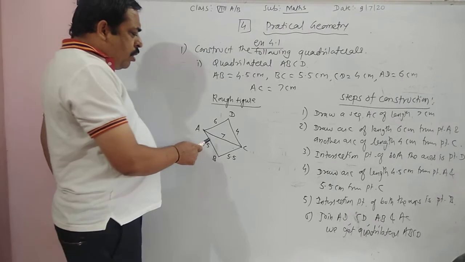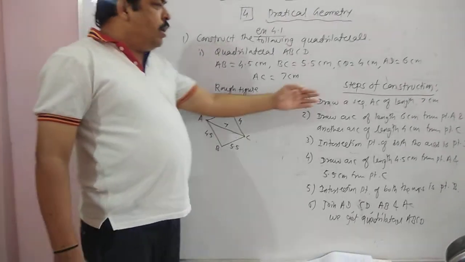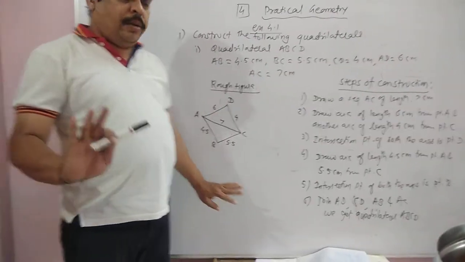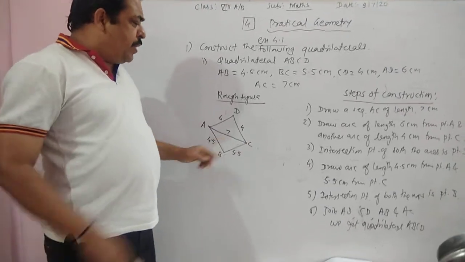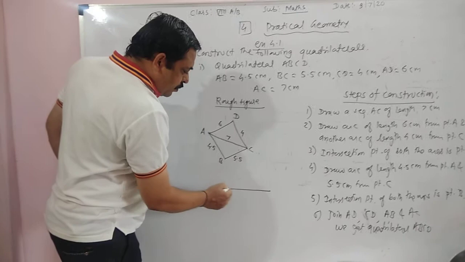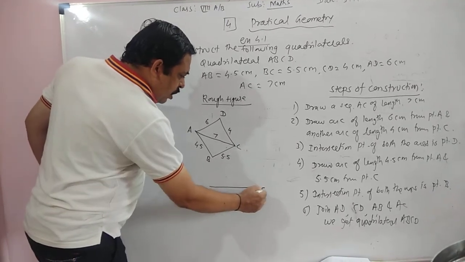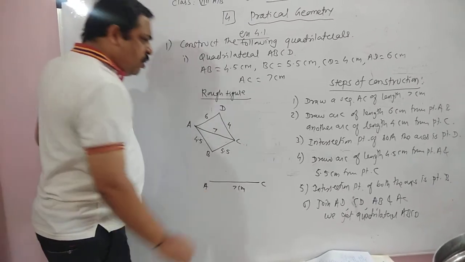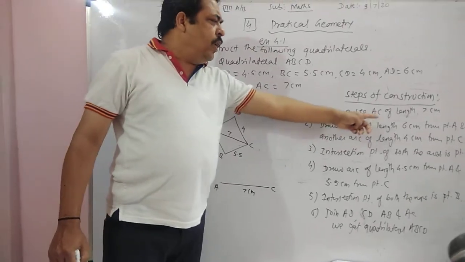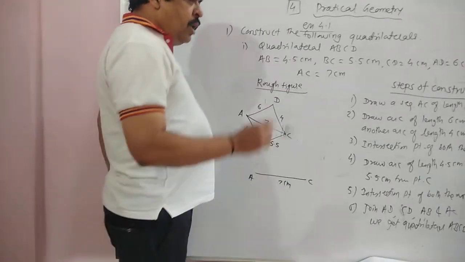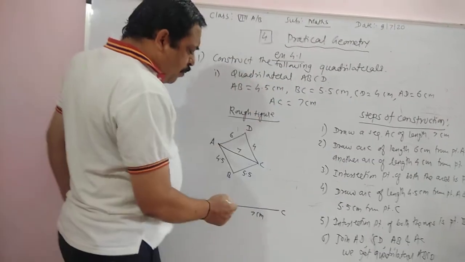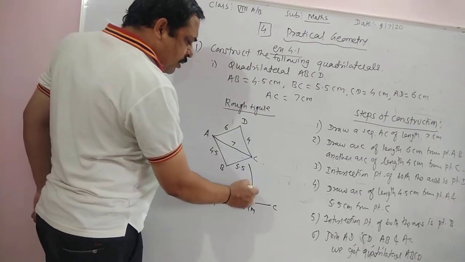Again, I explain how to draw the quadrilateral. First, draw the length AC of 7 centimeter. Then draw an arc of length 6 centimeter. Take 6 centimeter distance in the compass from point A and draw one arc.